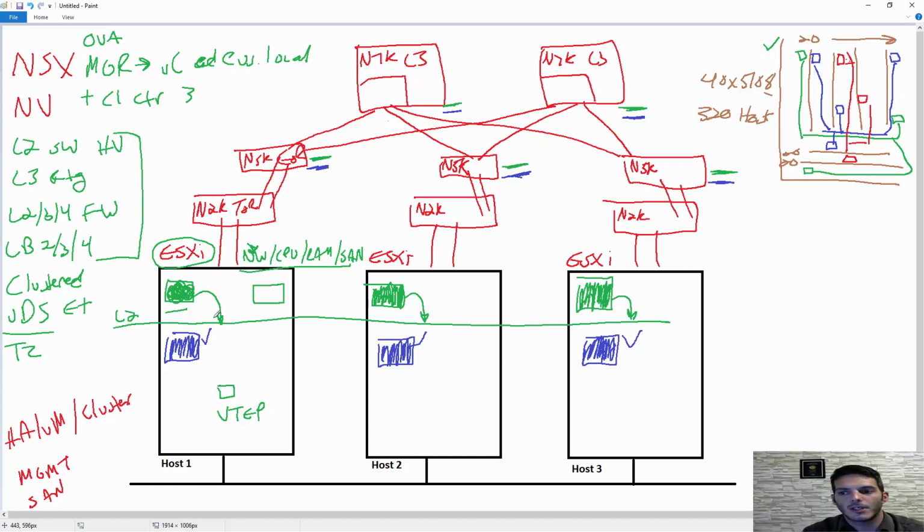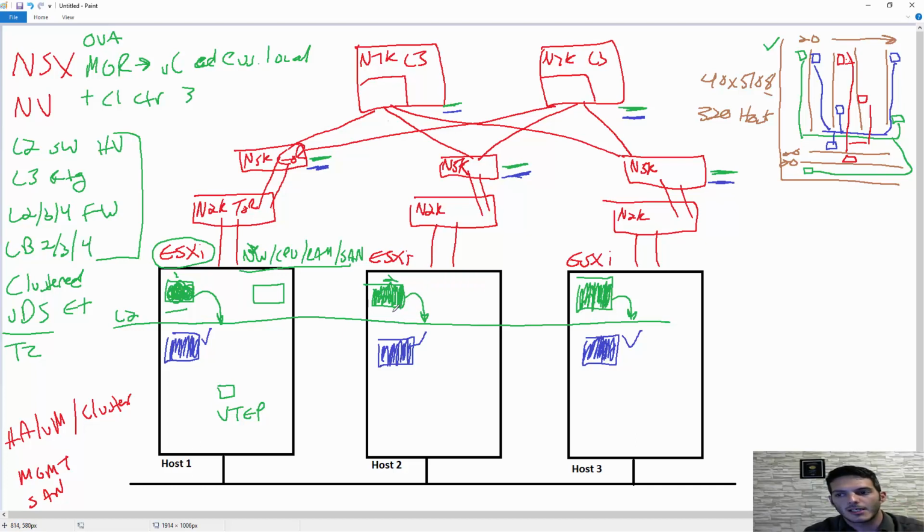VXLAN is how the host-to-host communication is done. So if this VM here, let's say VM1, wants to talk to VM2 in the green VLAN, it has to go out of the network onto the physical environment and then get routed through the physical infrastructure and then eventually land on host 2 to talk to VM2.